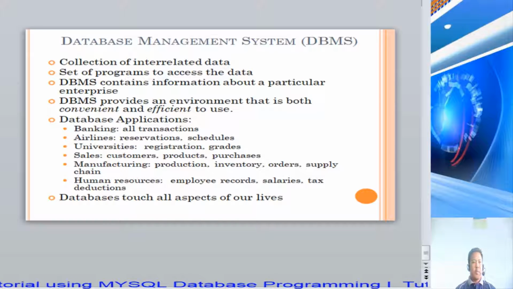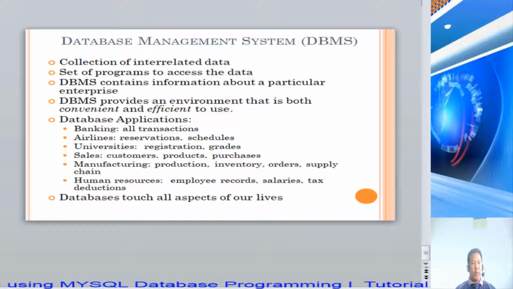So, database management system. The definition is a collection of interrelated data. A database management system is composed of different data that is placed in particular tables and related to each other to become a database.